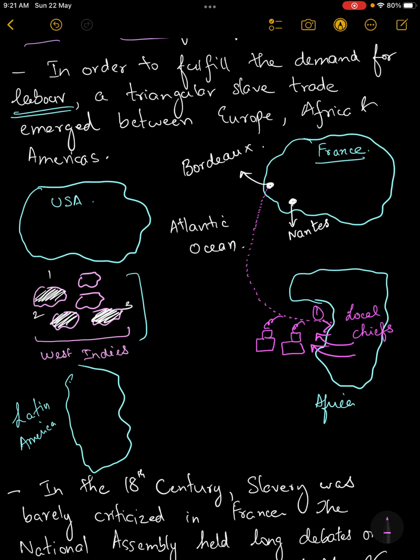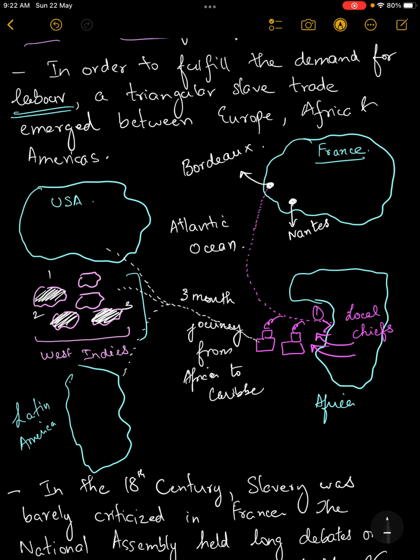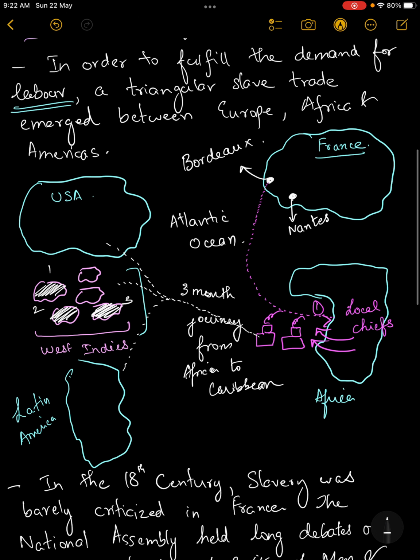They used to literally stuff them inside ships and begin the second half of their journey: a 3 month journey from the African coast all the way to the Caribbean, the United States and Latin America. Right now we are concerned with the West Indies. We are interested in the Caribbean. So this is a 3 month long journey from Africa to the Caribbean by ship. Obviously there is no jet airways or Indigo airlines.